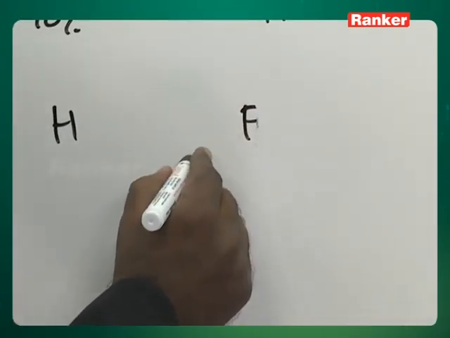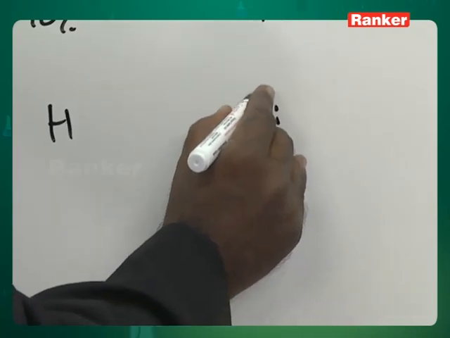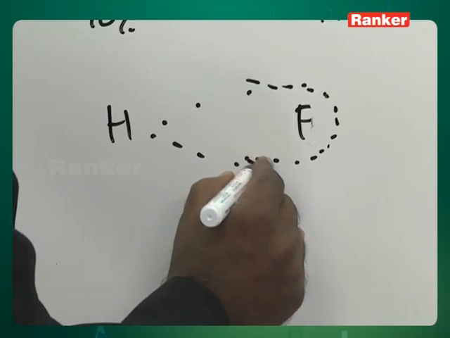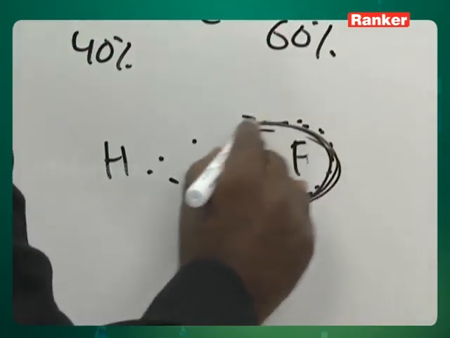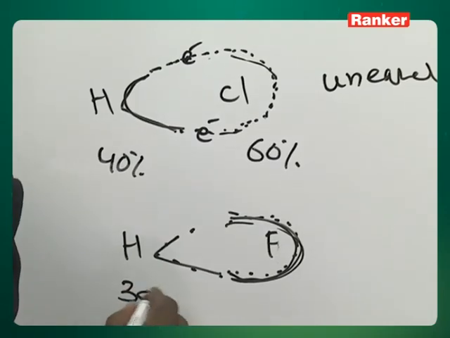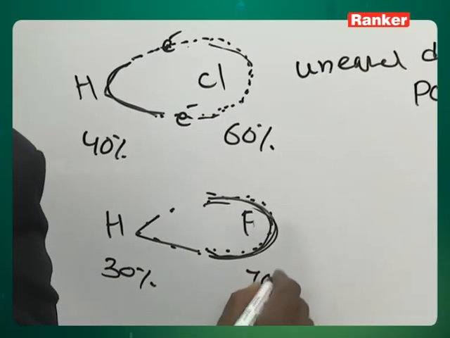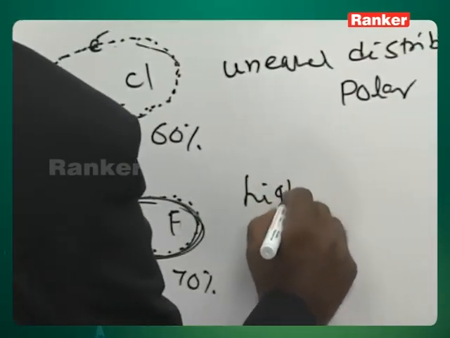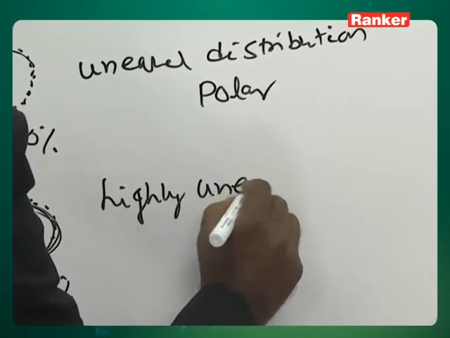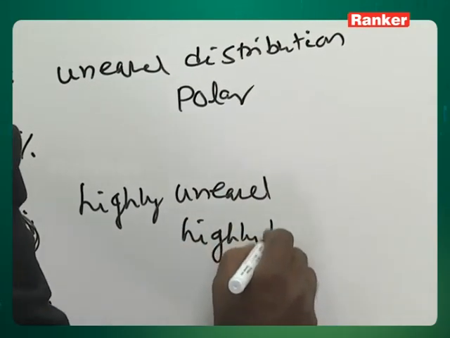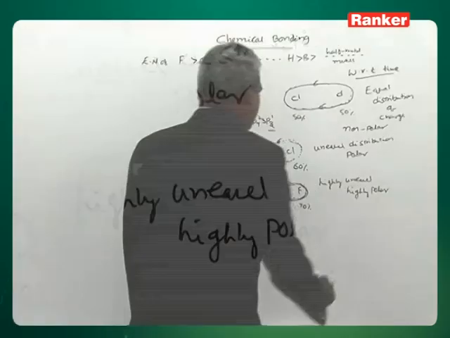Look here, the electrons are spending a lot of time here and very little time around hydrogen. So, you can say it is 30%, 70%. This is highly unequal distribution of charge. Highly unequal, this is a highly polar covalent bond.